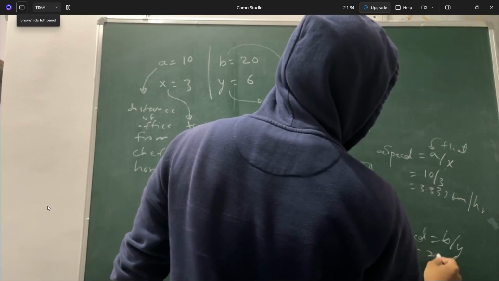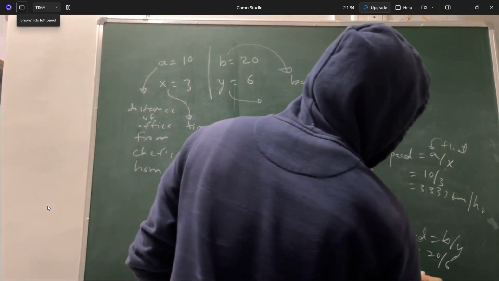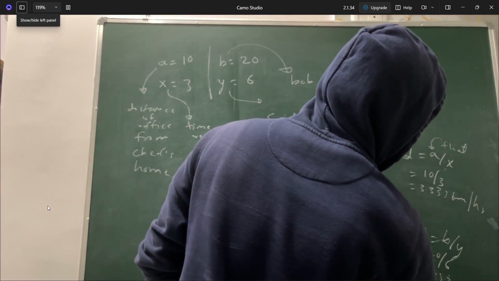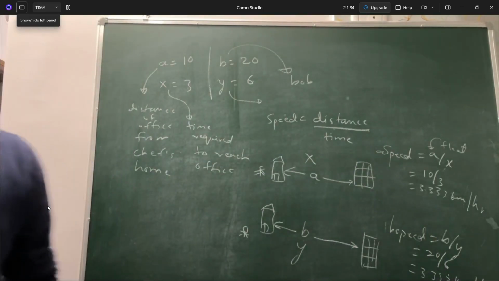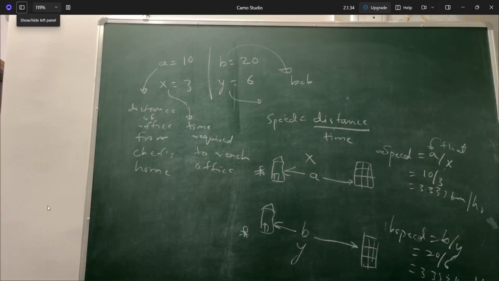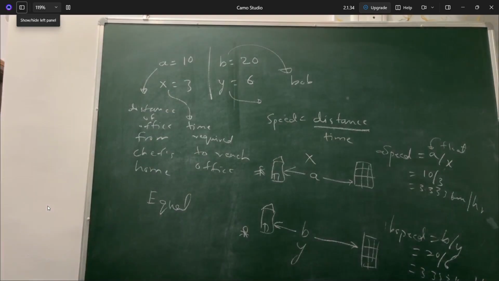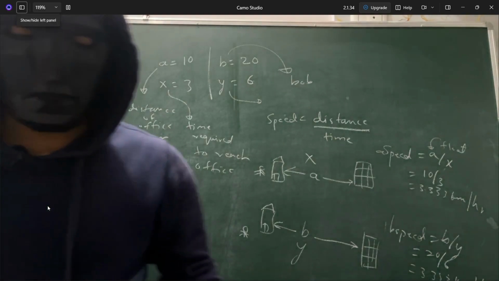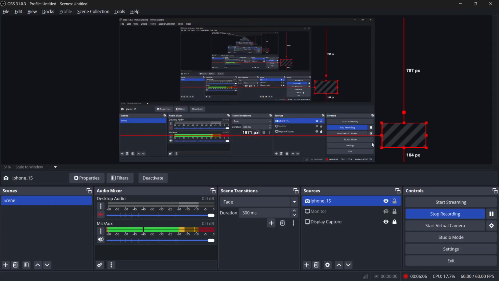And if you do 20 by 6 for Bob, because 20 and 6 they've given, again it comes out to be 3.333 kilometers per hour. So both of them have the same speed. In this case we will have to output equal. So this is a very basic thing, I think you guys are getting it. So let me try to code it up.